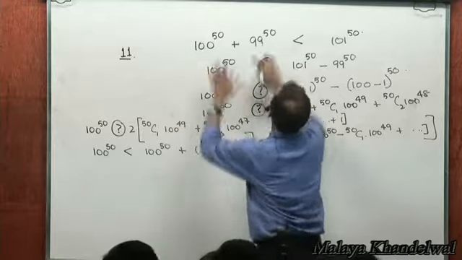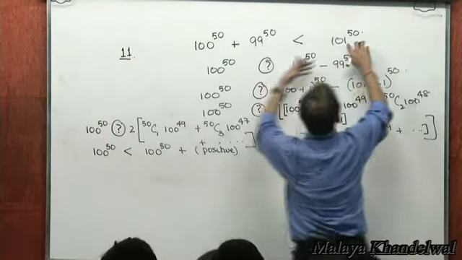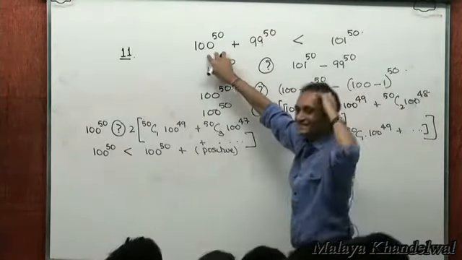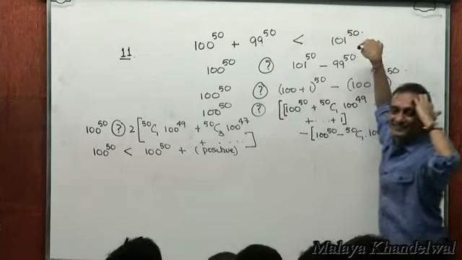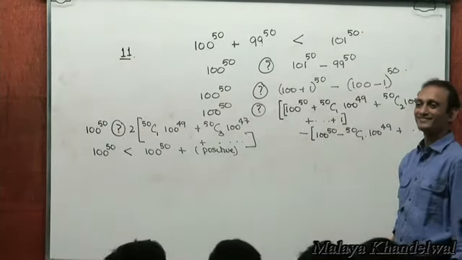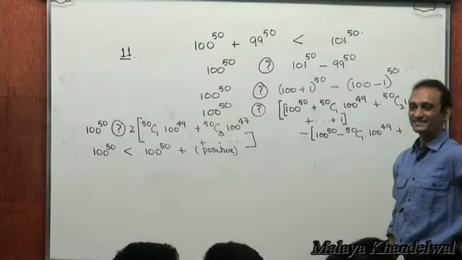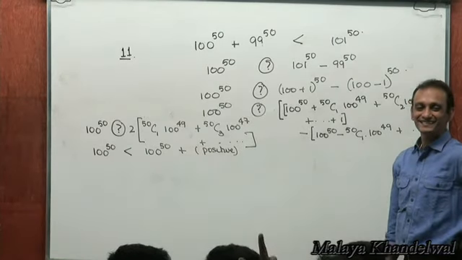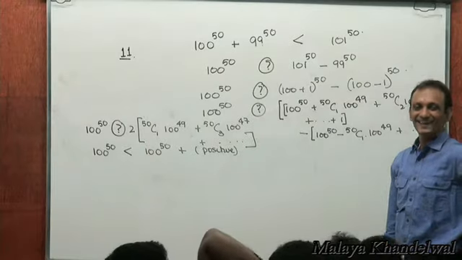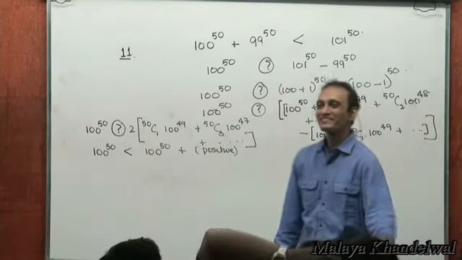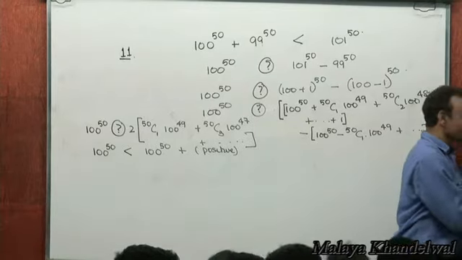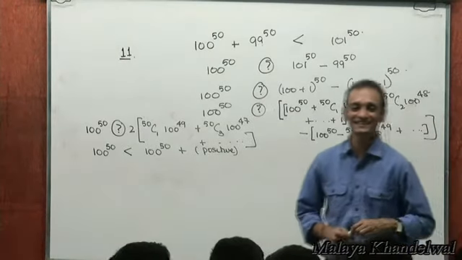It might seem like two terms are bigger and one term is smaller, a little bigger, a little smaller, so this must be bigger. But actually this is smaller, right? The left hand side is actually smaller. Don't go by your instincts.